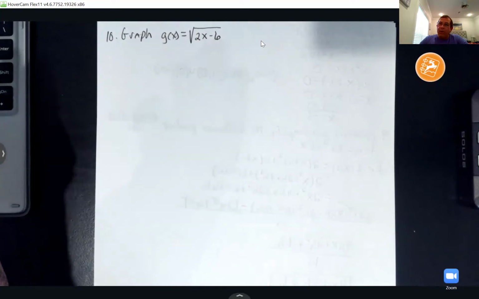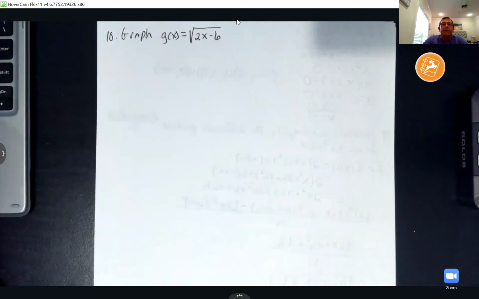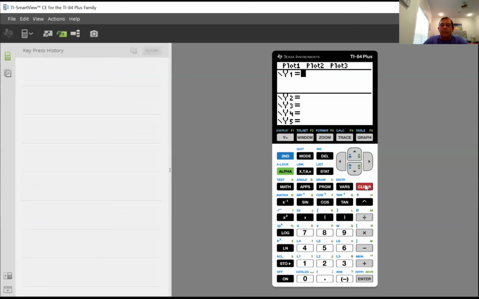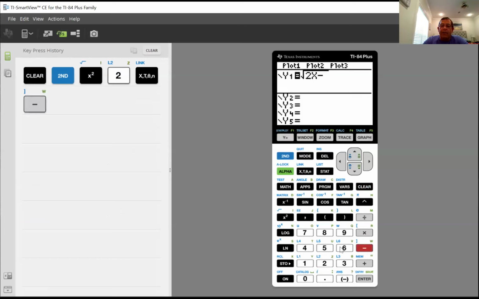So I'm going to go to my calculator. Go to y equals, and let me clear all this off. So remember, to get the radical, you hit second x squared down here. And then you put in your 2x minus 6.